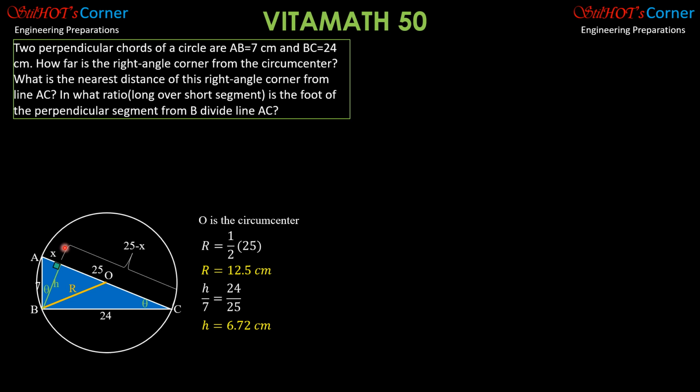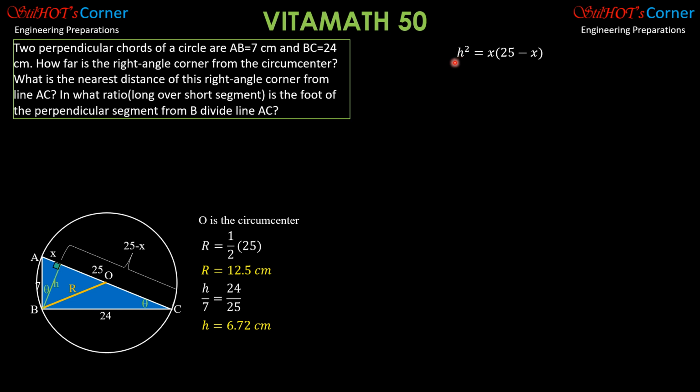That is H adjacent to theta as to opposite, H as to X. For this triangle here, the adjacent side is 25 minus X and opposite is H. That's why you can form this formula H squared equals X times 25 minus X by similar triangles again.